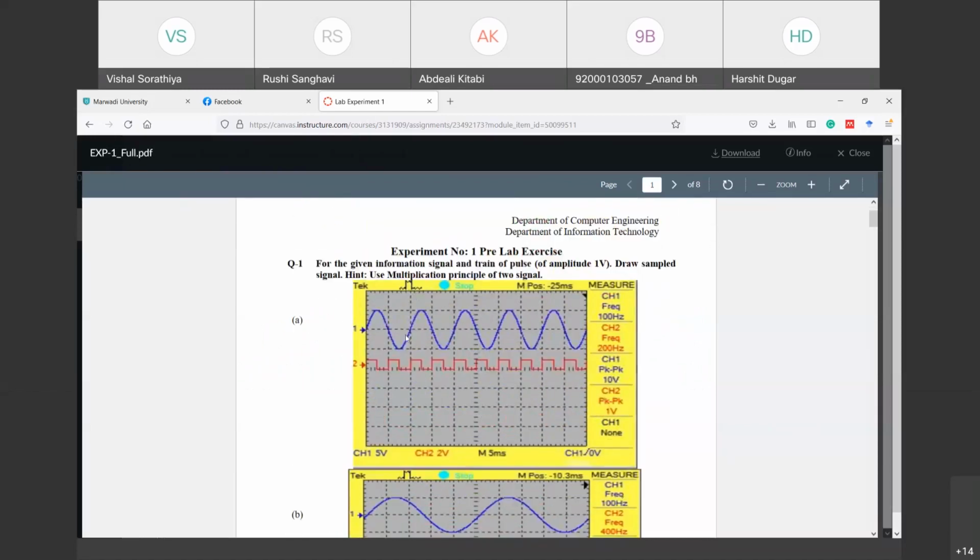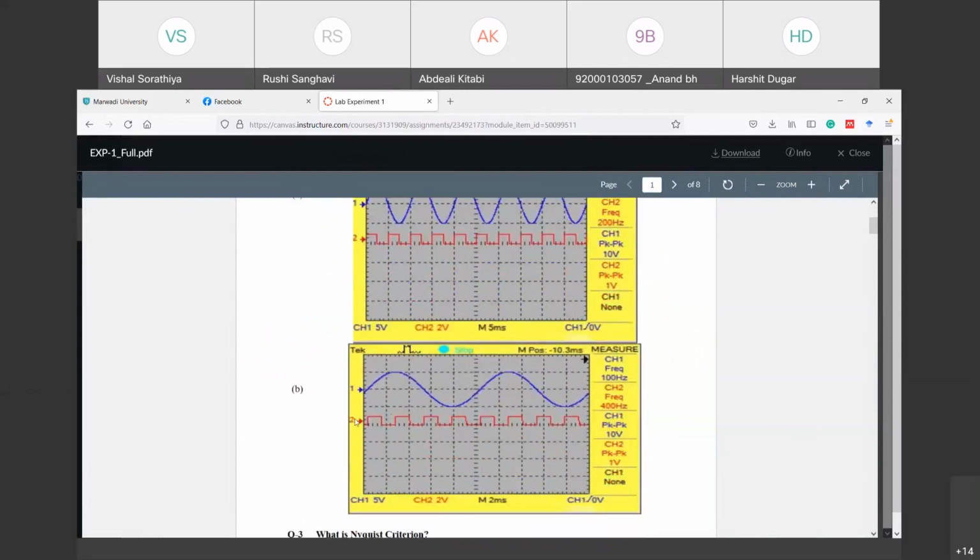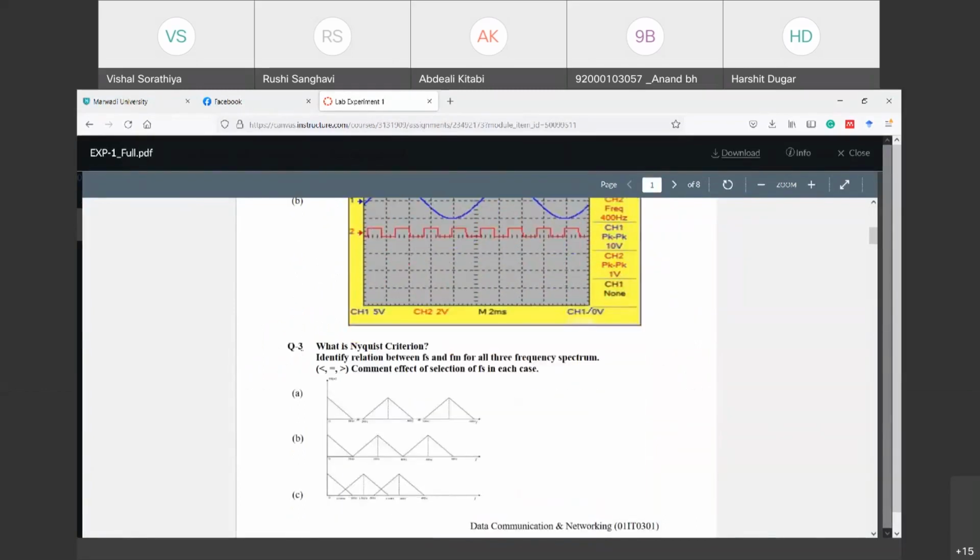Now you need to identify in a pre-lab exercise, this is your sinusoidal wave and downward is your sampling pulse shape. So how the composite signal is going to be created, मतलब कि आपको ये दोनों signal का multiply करके यहाँ पे नया signal draw करना है. Same thing is applicable for the B exercise only. Now there is no question 2, it's written by mistake.